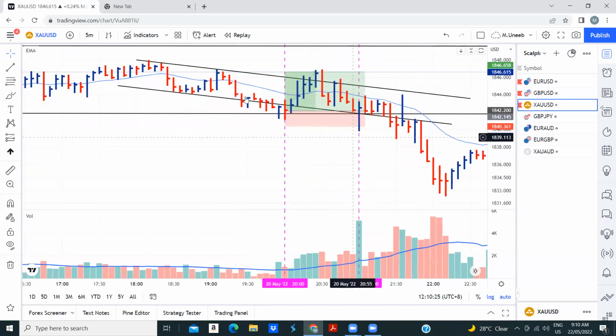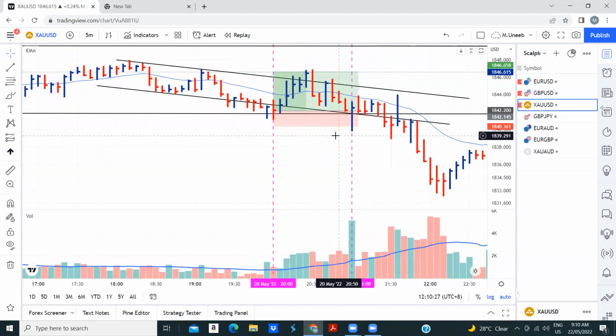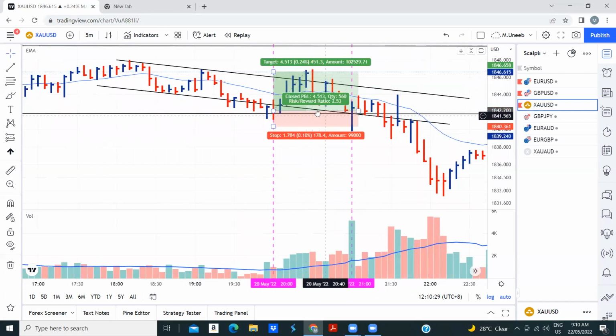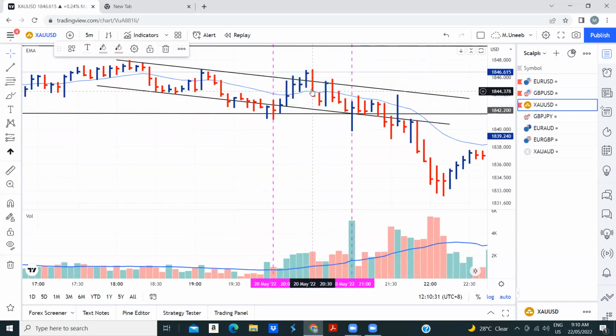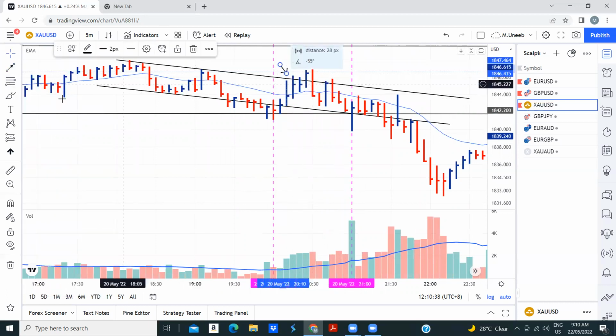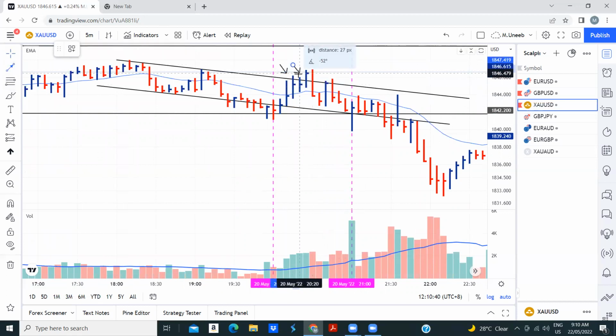Okay. So now we have 2 reference points. This one here, and this is effort versus no result. The price failed here. Can you see here? Just try to observe these bars, how it's closing. Jump across the creek is not like this.